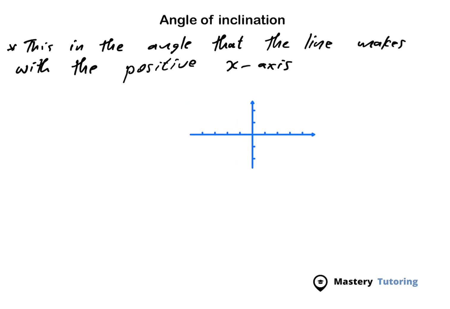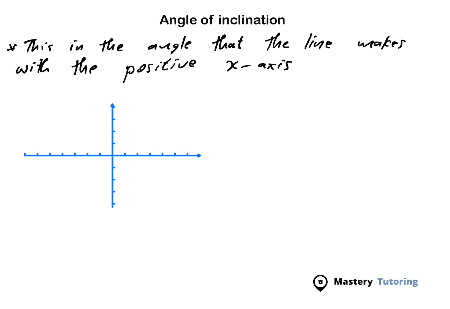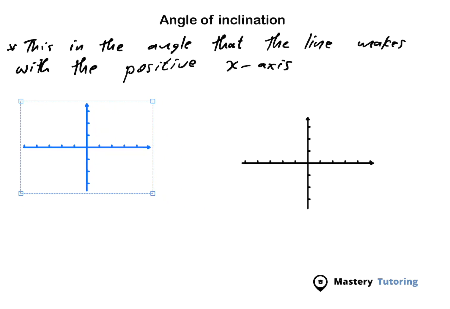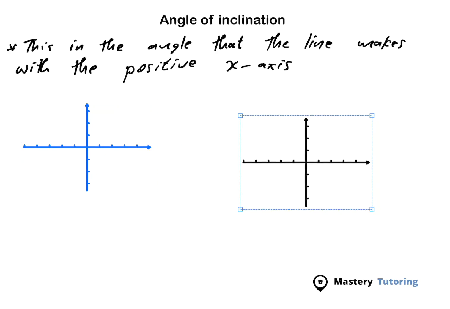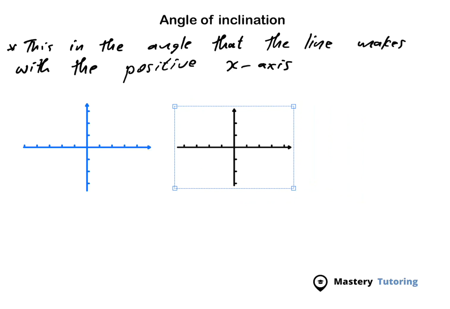Suppose you have your Cartesian plane that looks like this. This is our first Cartesian plane, and then this is going to be a second one. Make this one smaller, and then you have your third one. It's going to look something like that.